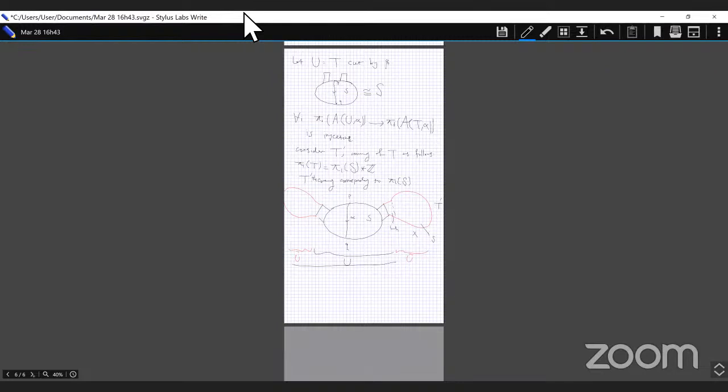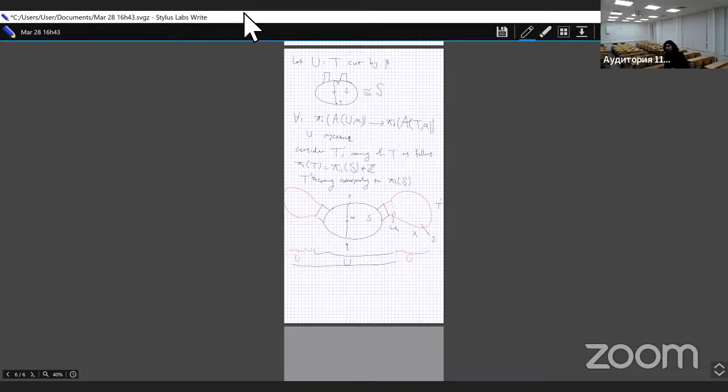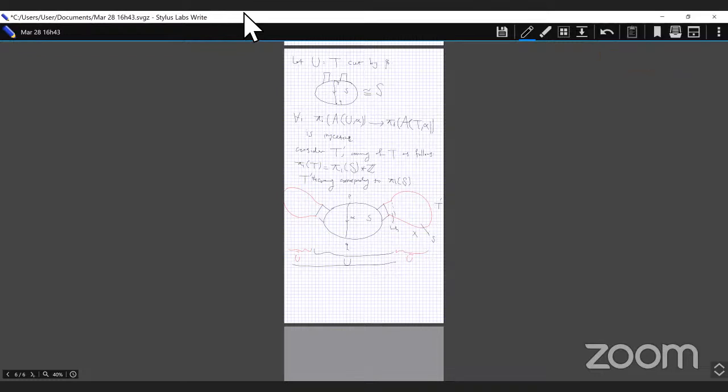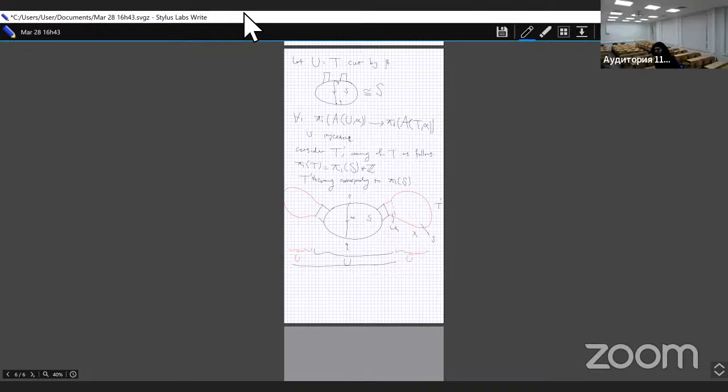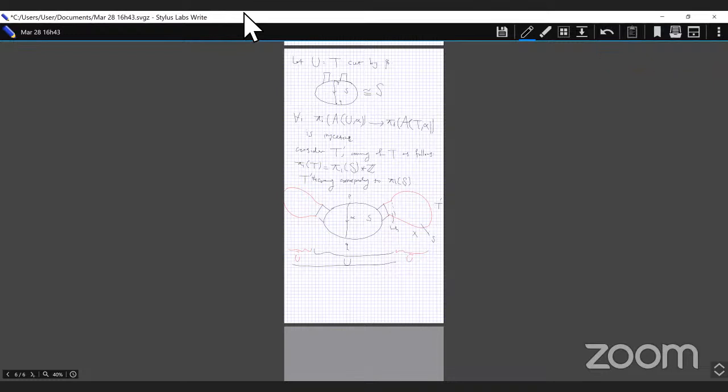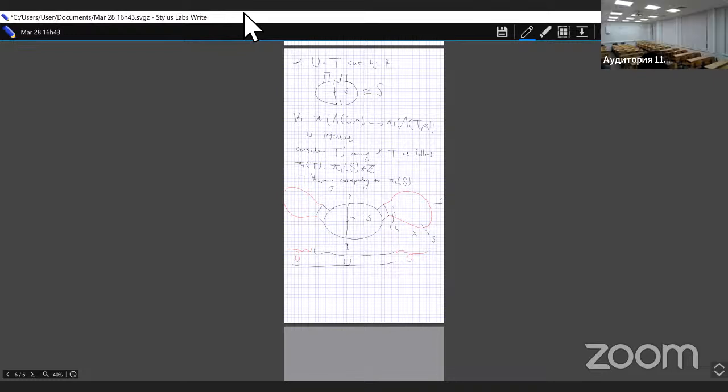So U is T cut by beta. And what is it that we want to show? We're still trying to show that this A space comma alpha thing is contractible, yes? Yes. And what remains to do? Pi naught or pi 1?